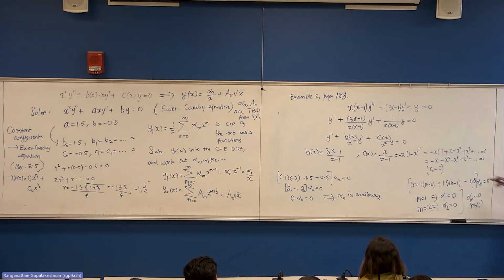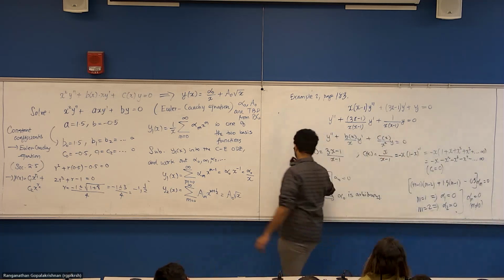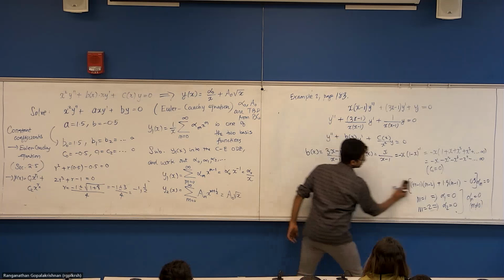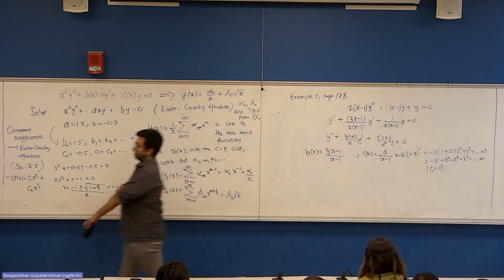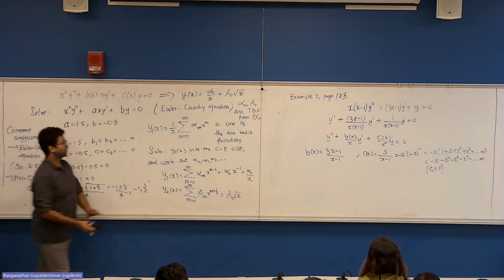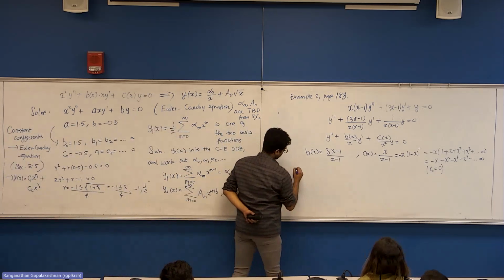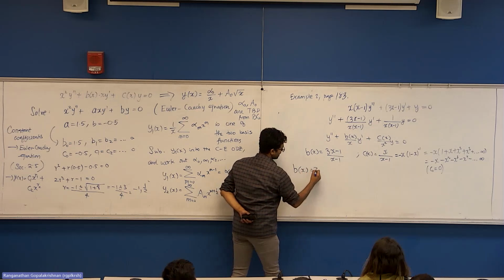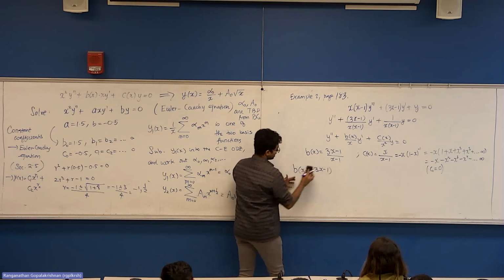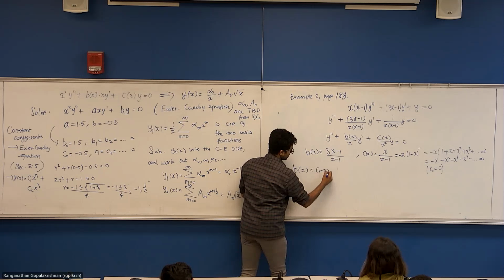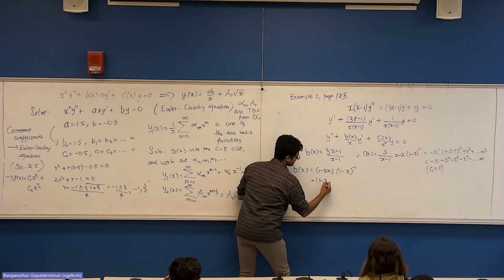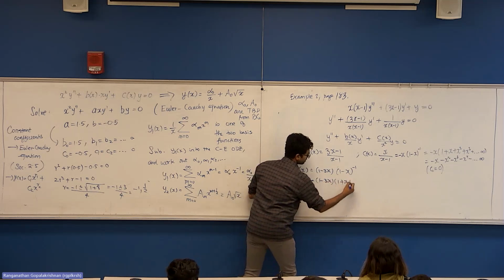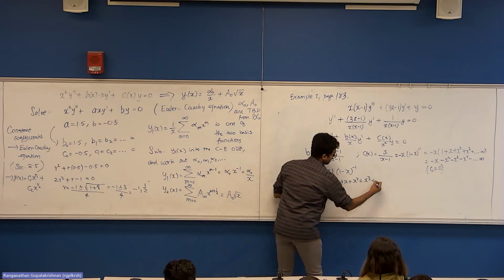Okay, similarly, let's do this for the function b of x. Okay, I think we should stop here. So b of x is (3x minus 1), or I'll write it as (1 minus 3x) times (1 minus x) power minus 1, which is (1 minus 3x) times (1 plus x plus x squared plus x cubed, and so on up to infinity).